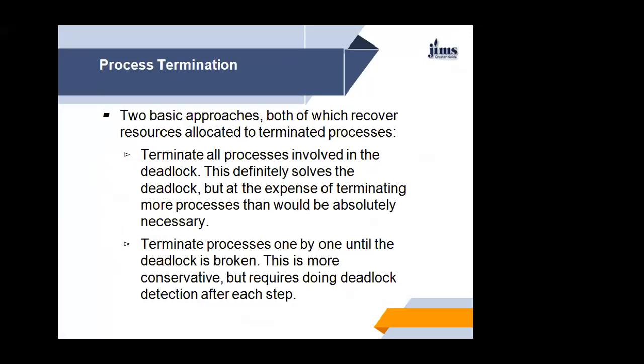Terminate all processes involved in the deadlock. This definitely solves the deadlock, but at the expense of terminating more processes than would be absolutely necessary. Or terminate processes one by one until the deadlock is broken. This is more conservative but requires doing deadlock detection after each step.